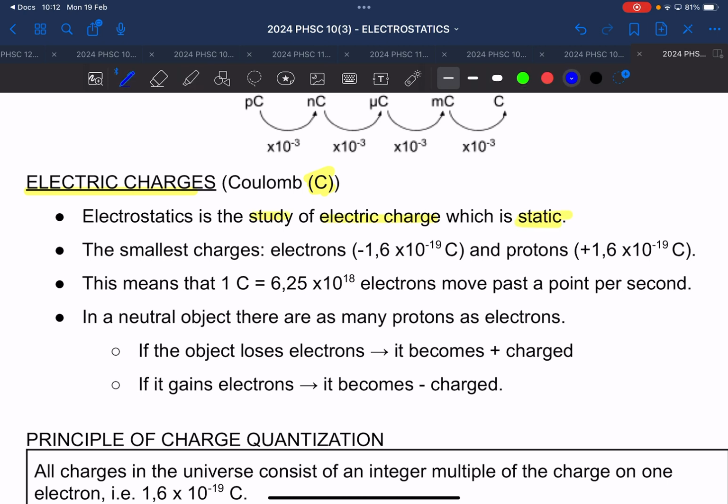What does the word static mean again, Amora? Your brain is a bit static at the moment. Not slow. Anyone?